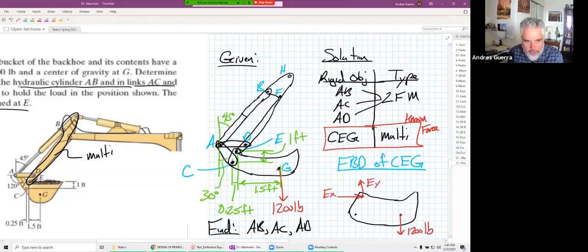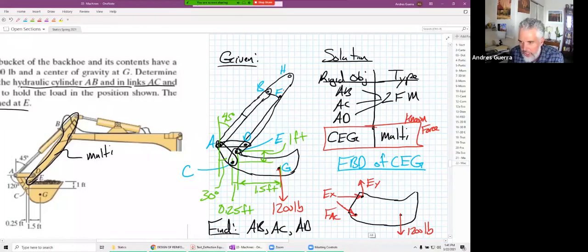And then over here, A to C, well, that's a known line of action, and we can draw it in either direction. Just to be consistent, I drew it down and to the right. And so that's our FAC, that two force member. And actually, that's one of the things we're trying to find, the force in A to C.